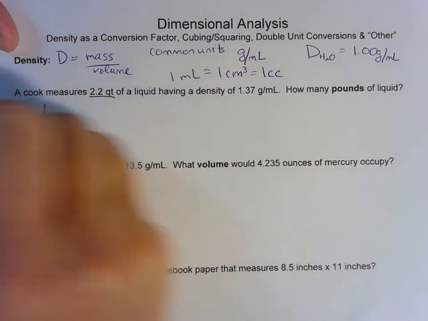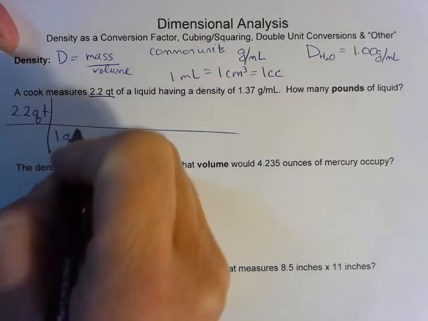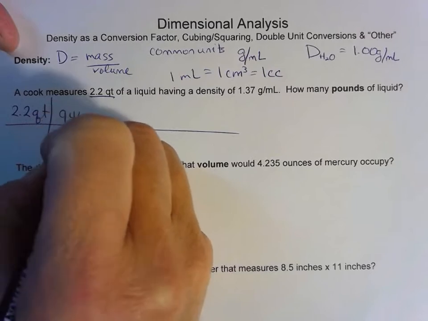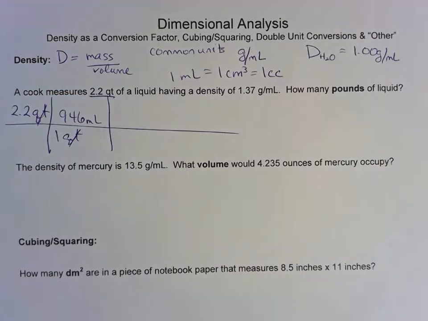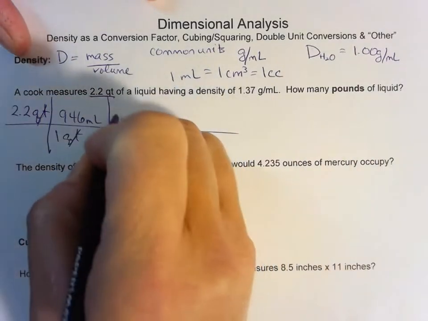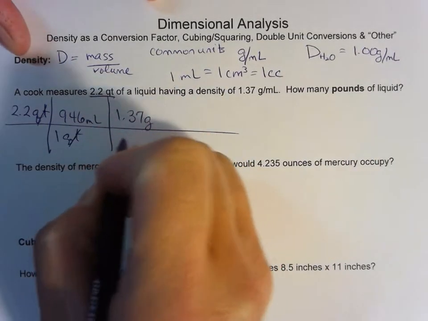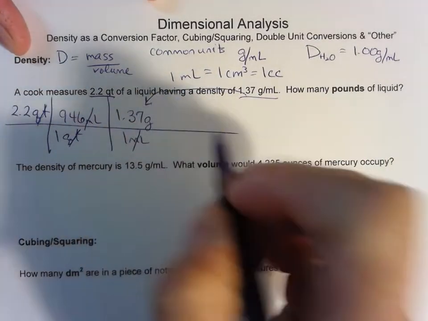So 2.2 quarts, we will want to convert quarts to milliliters, so that's 946 milliliters. If you're in Chemistry 105, we use 946.4 milliliters per quart. We will then use density. We're ready for density because we're in milliliters. There's the milliliter unit, 1.37 grams per 1 milliliter. Density right there.